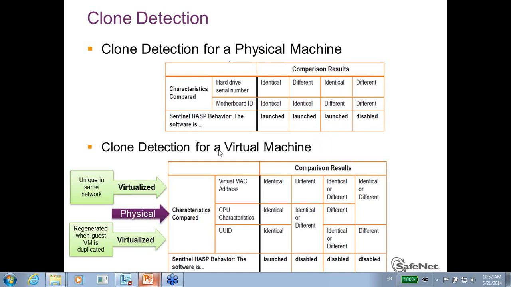Now, for the virtual machine, we have three identifications here. One is virtual MAC address and UUID. Both are virtualized, meaning they are part of the virtual machine. But we also use a physical characteristic, which is the CPU.